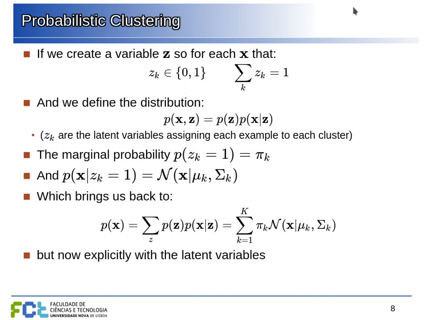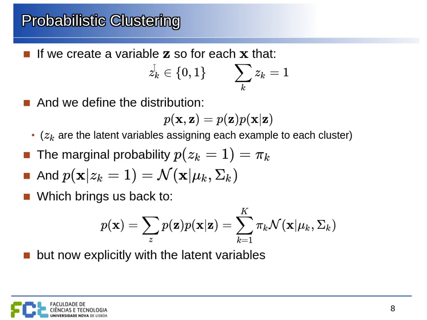So how can we now use this for clustering? We can start by creating a variable, let's call it Z, the hidden variable here, that can take values of 0 or 1 and indicates if a point belongs or not to one cluster.